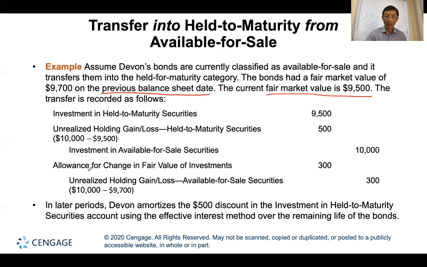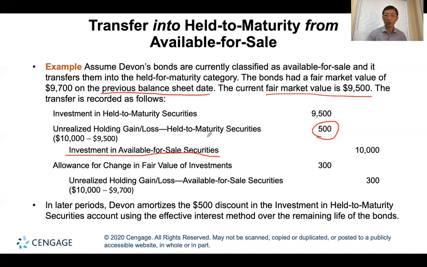And at the same time, we eliminate investment in available for sale security of $10,000. And in this case, we have a 500 unrealized loss. So we record this debit unrealized holding gains as a loss.